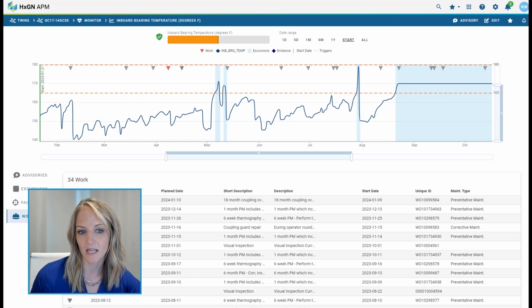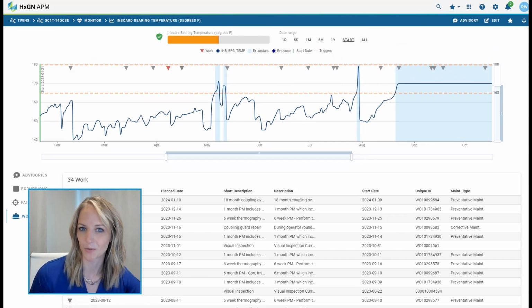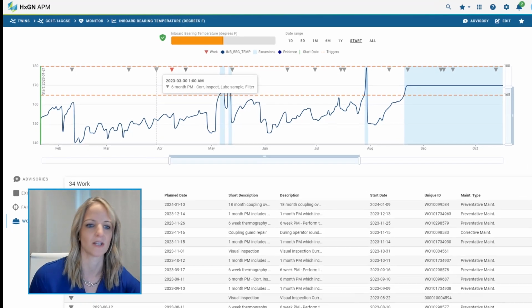Maybe at the lower limit, you want to just automatically notify users something's going on. But once that higher limit is exceeded, you want to actually generate an advisory, which we'll go into in a minute, or even automatically generate a work order back in EAM. All of this is possible, and all of this is easily configured in the application.